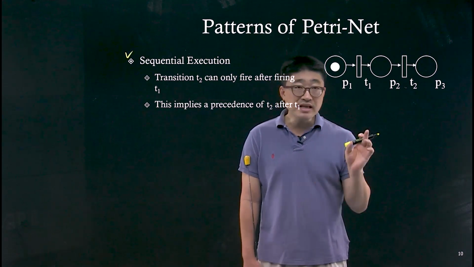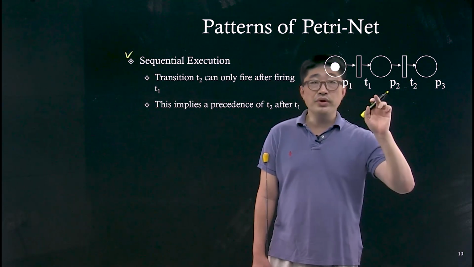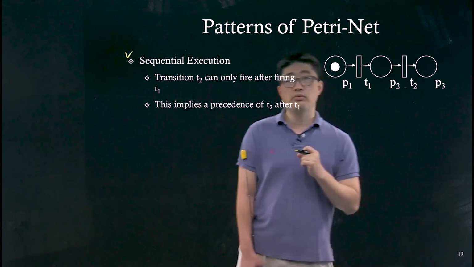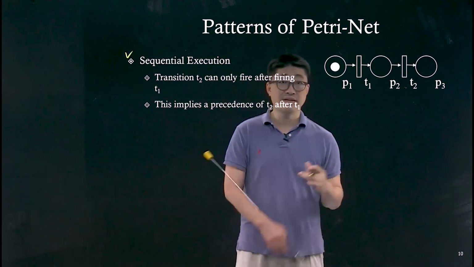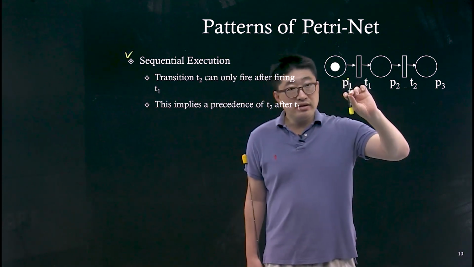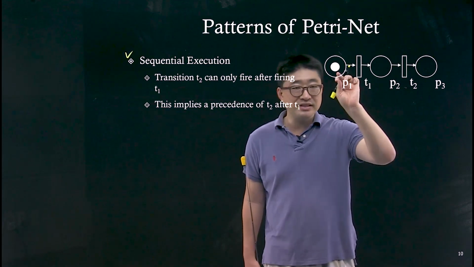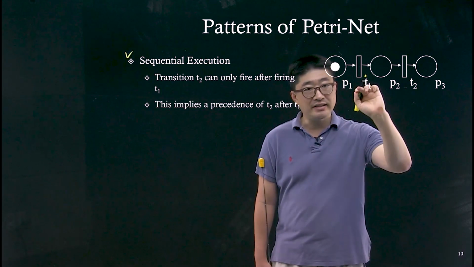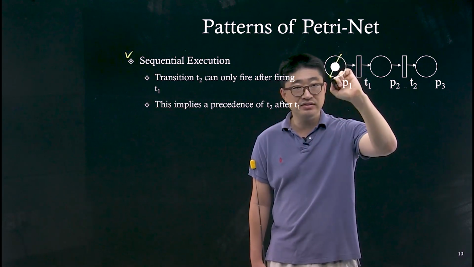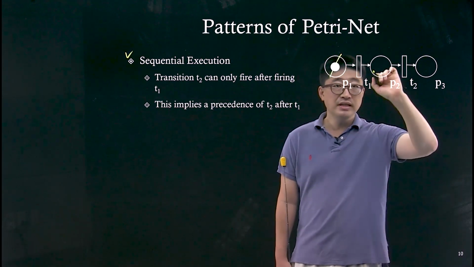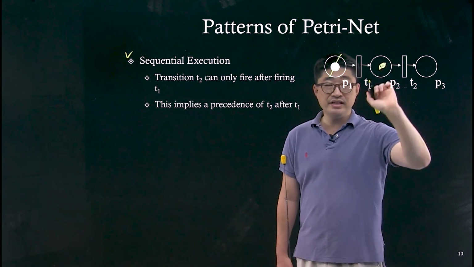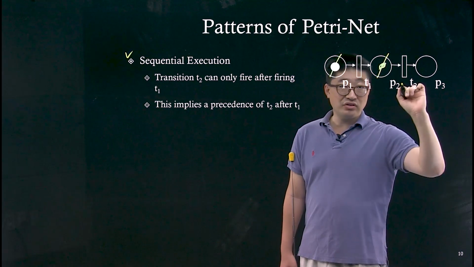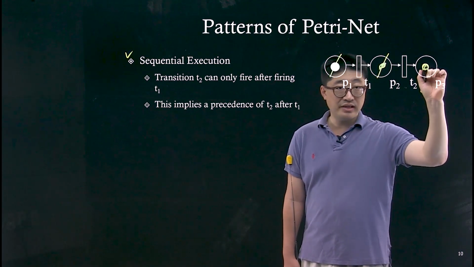So T2 requires T1 to be fired, a sequence of working like an assembly line. We have something to assemble at place 1, and then T1 can be fired. This token will be removed and a token placed here. Then T2 will be fired and the token will be released and placed here.